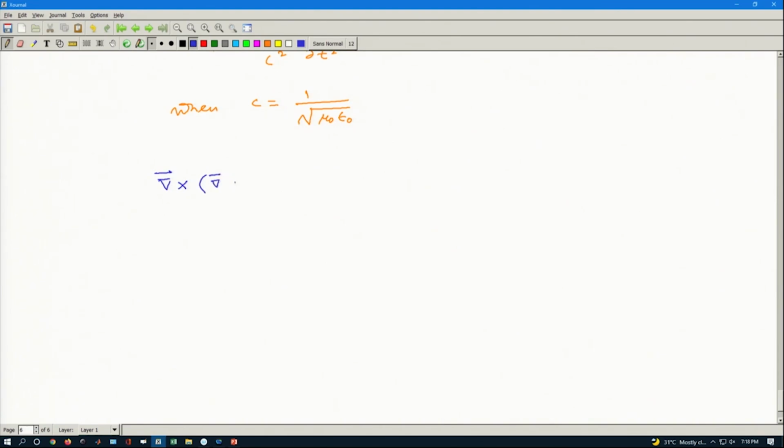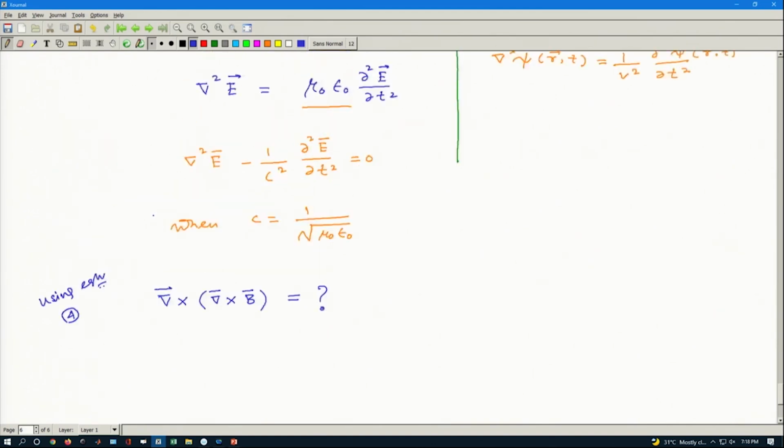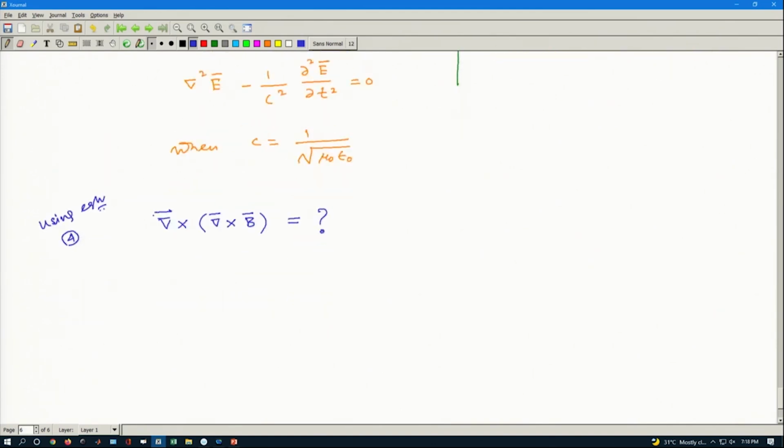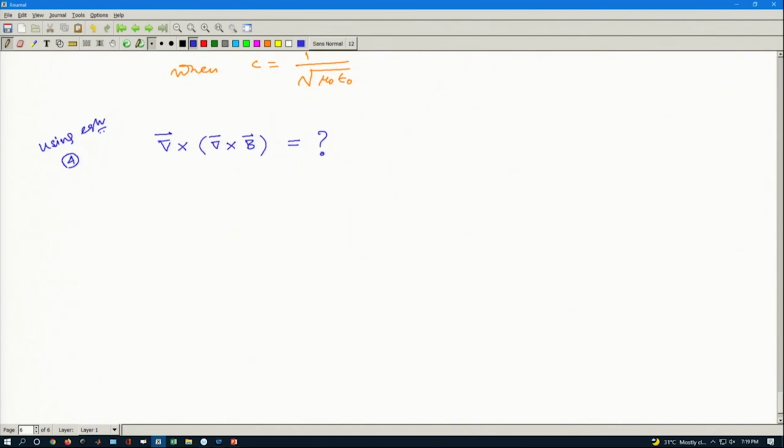You will find that you get the same result for B as well, with the same velocity, a similar expression like you got for E. Okay, that is a homework for you.